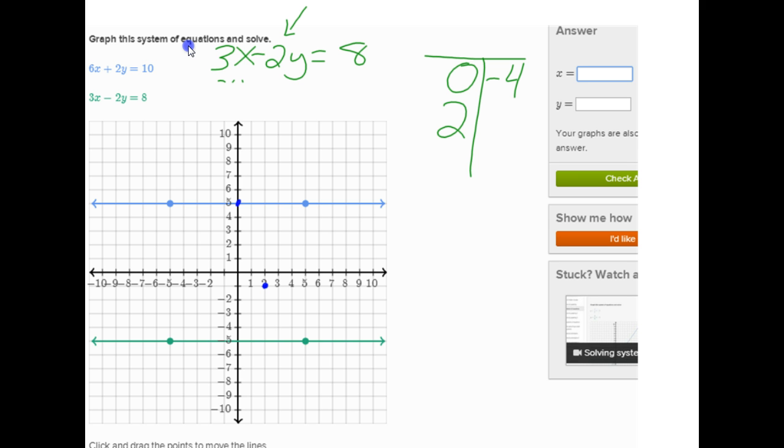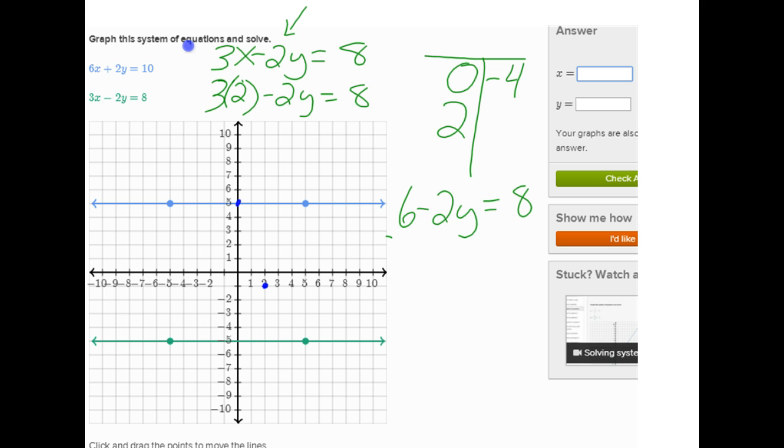Next, I substitute my 2 in for x. So I have 3 times 2 minus 2y equals 8. That is going to be 6 minus 2y equals 8. This is a two-step equation, something that you were supposed to have mastered last quarter.